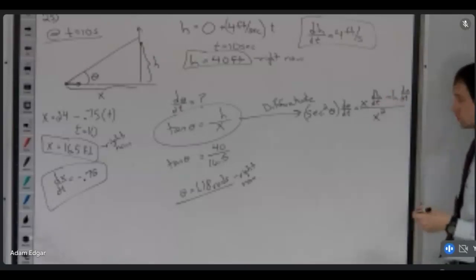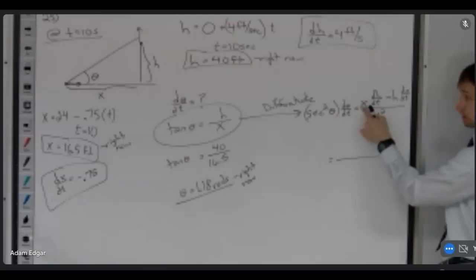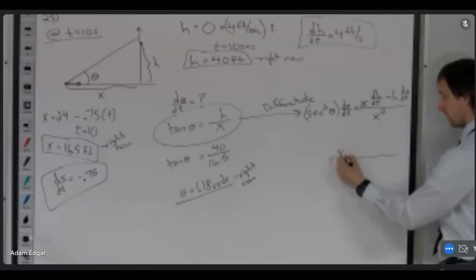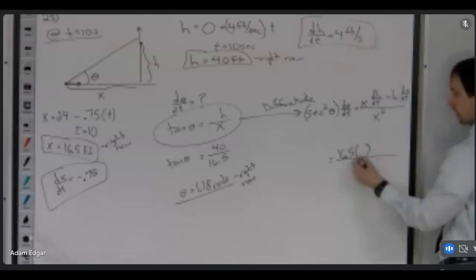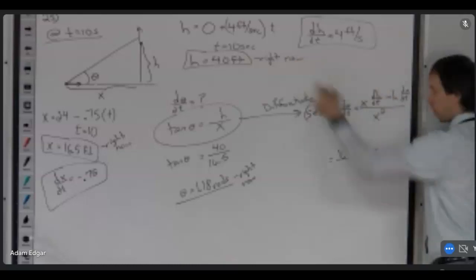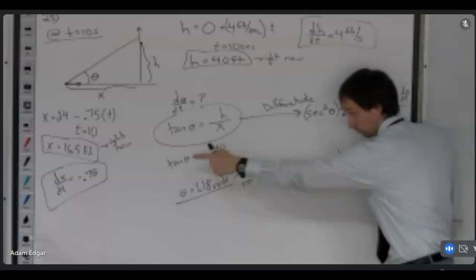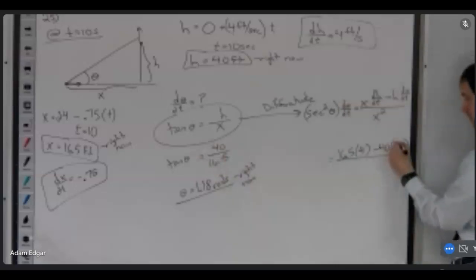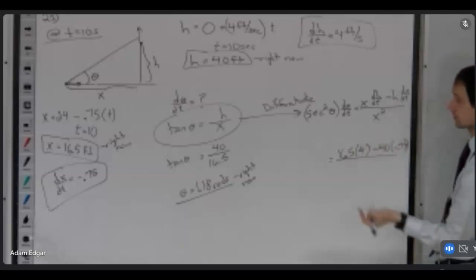So plug in all your numbers. Current x is 16.5. dh dt is the speed of the elevator, 4, minus current h, 40, times dx dt, the speed of you, negative 0.75. x squared is the current x, 16.5 squared.